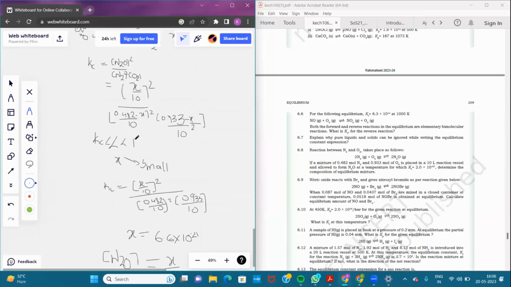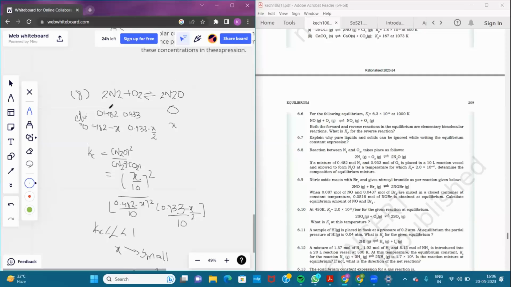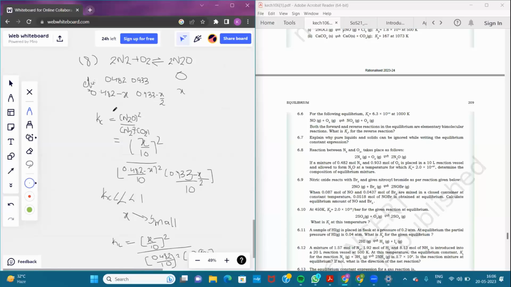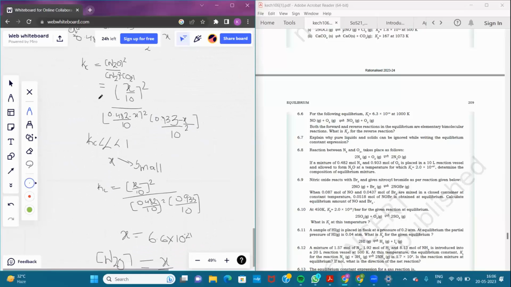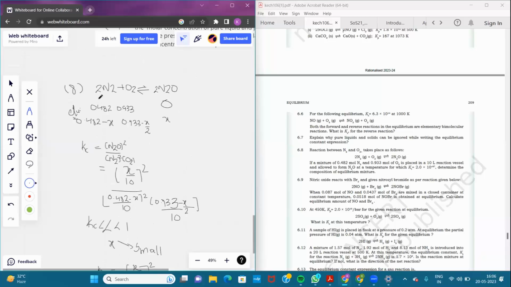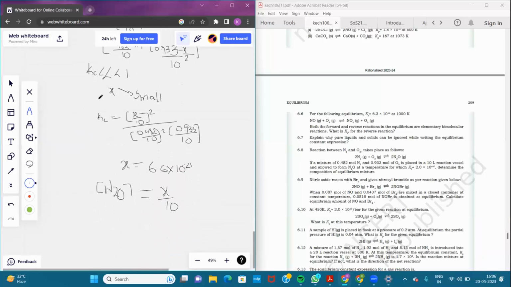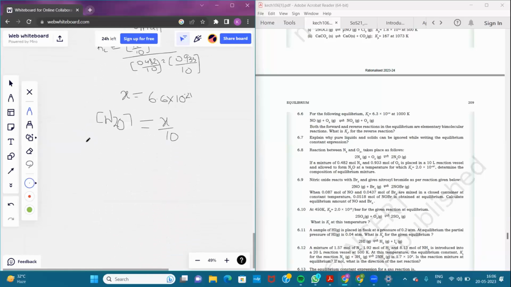This is sufficient because for N2 and O2, x is very small with respect to the initial values, so we can neglect the value of x. We can directly write the initial values of N2 and O2. Only the concentration of N2O here matters because it is newly formed. Even though it's small, we need to mention it here. Let's proceed to the ninth question.